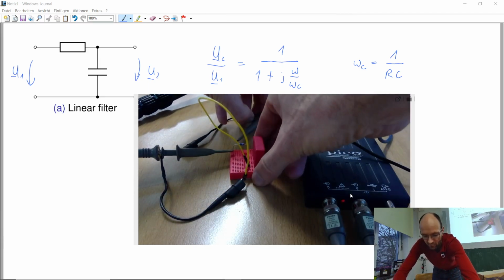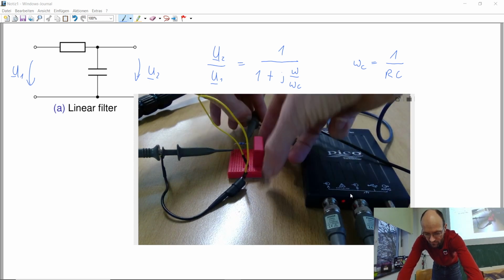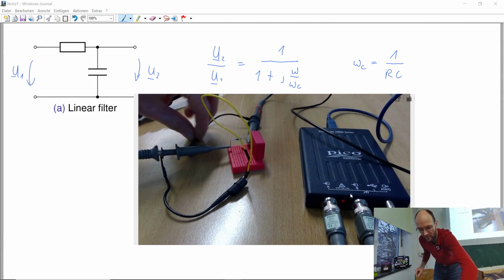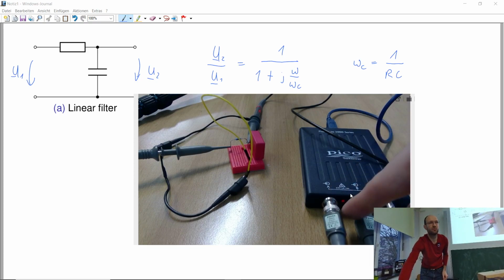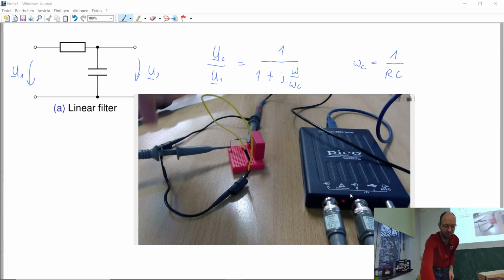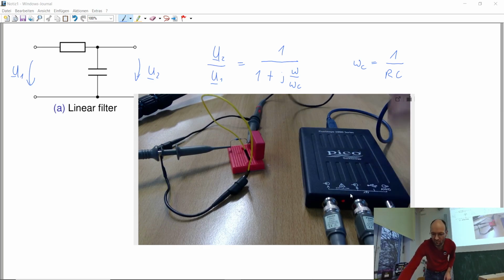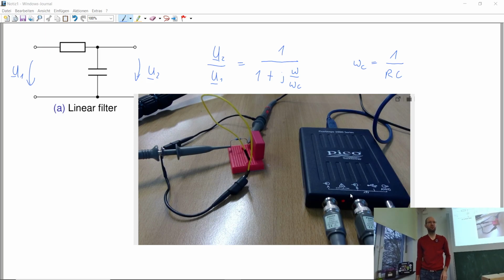And so this connects to the other side of the resistor. I don't need to connect this ground cable because they are already connected here. If I would connect this, it would not make any difference at all. Okay. So channel 1, channel 2, input-output voltage, or channel A, channel B.